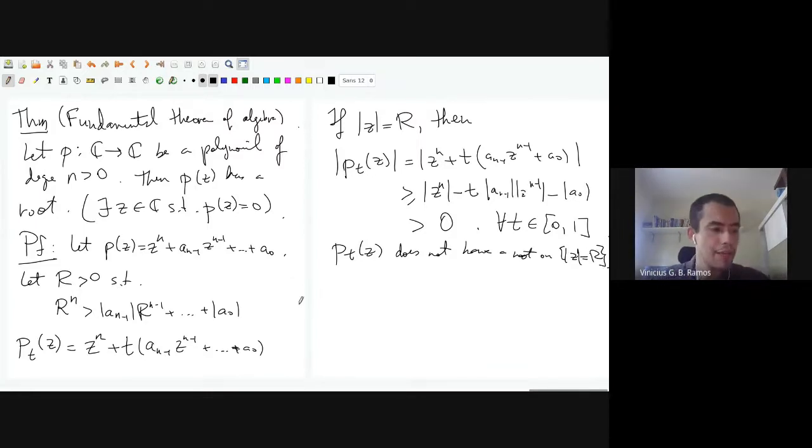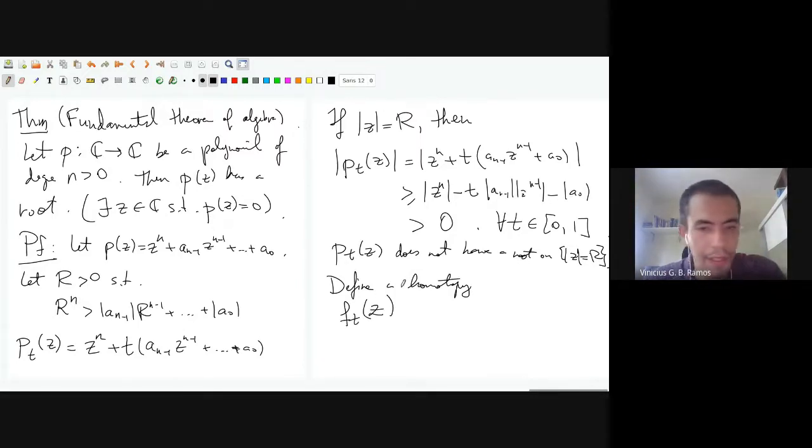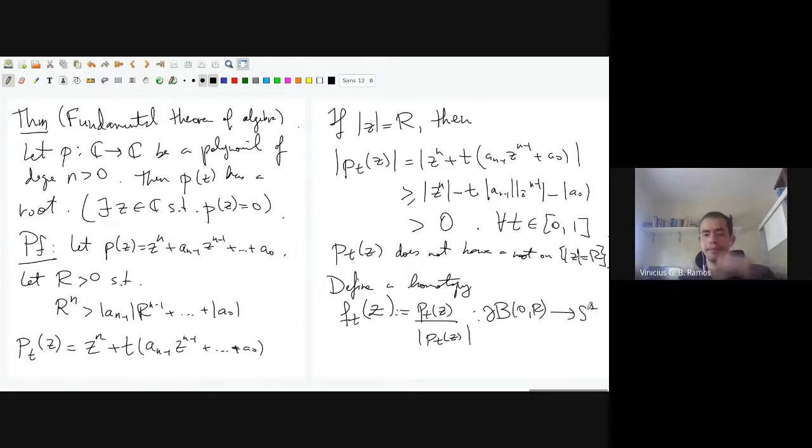Okay, so then we can define a homotopy that I'm going to call f_t, which is just p_t over the norm of p_t, and this goes from the boundary of the ball B(0,R) to S^1.